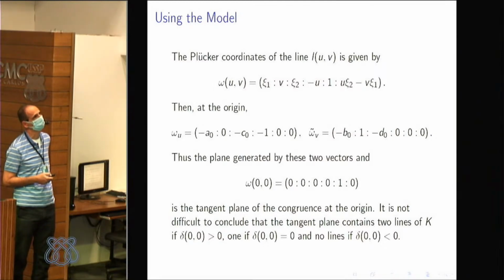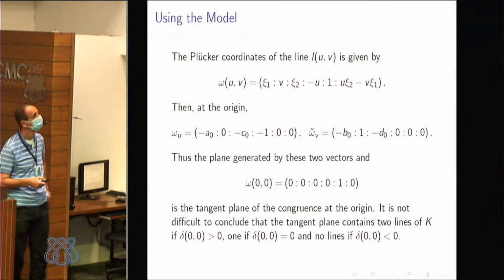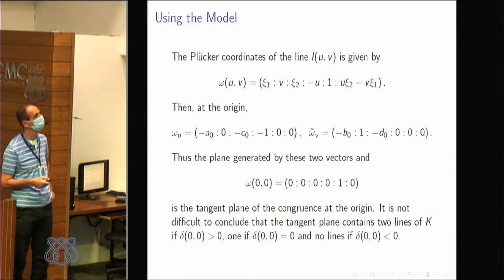The derivatives of this immersion are here, omega 1, omega v. Thus for the plane, we also have to consider the initial point.